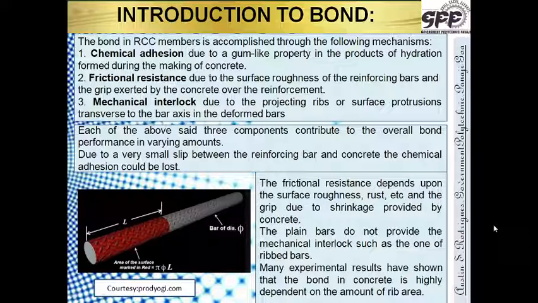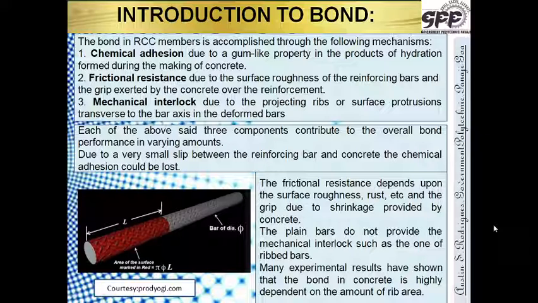Now each of these components, chemical adhesion, frictional resistance and mechanical interlock, will be working in varying amounts in order to resist the slipping movement. Normally, when we start loading a reinforced concrete member, right in the beginning the chemical adhesion is holding the bar, but this chemical adhesion could be lost due to a small slip.